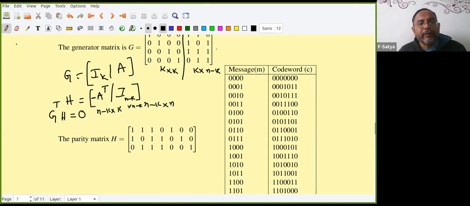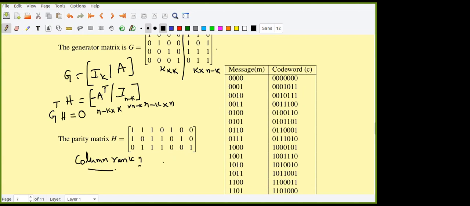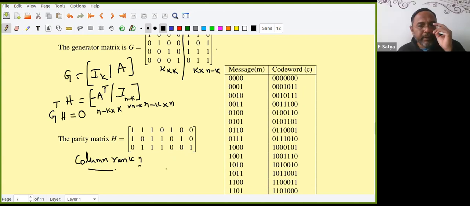Okay, I will ask some questions to you. Can you tell me about the column rank of this matrix? It is not 3, anyhow. Can you say that the column rank is greater than 1? Ankita, I'm asking a very simple question.